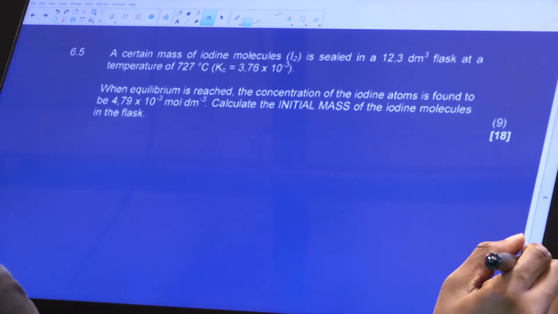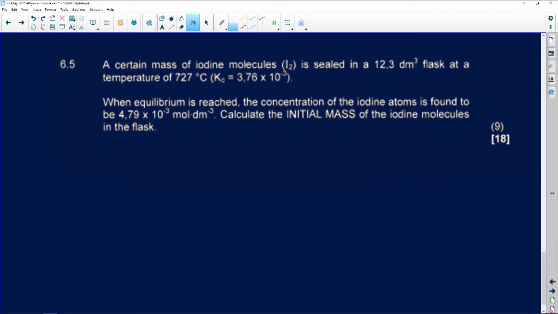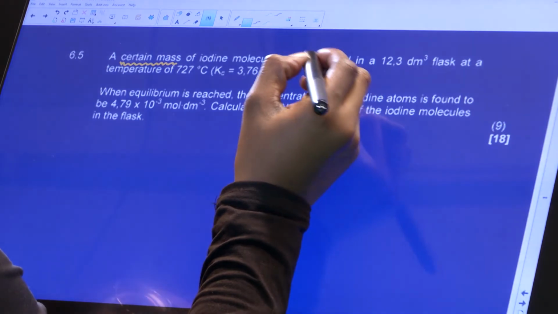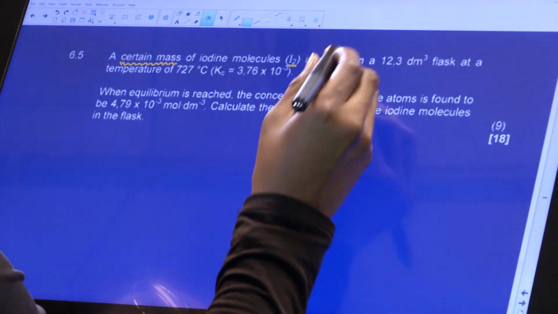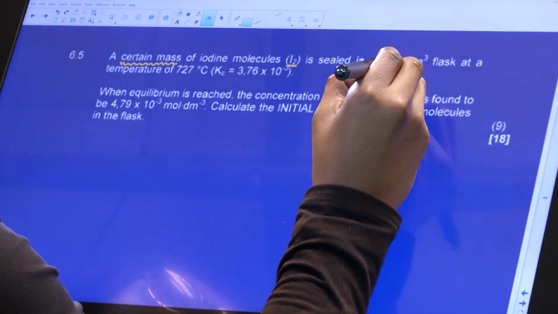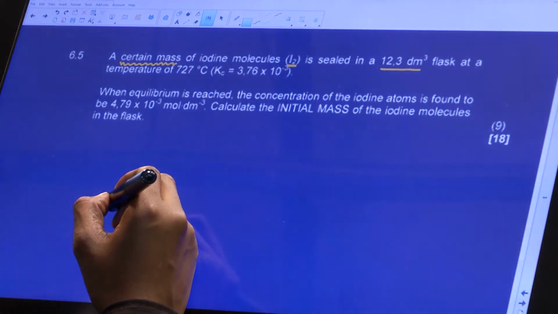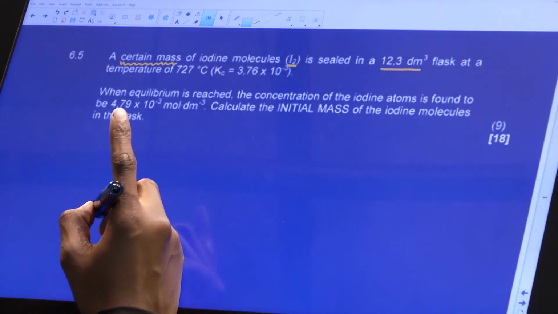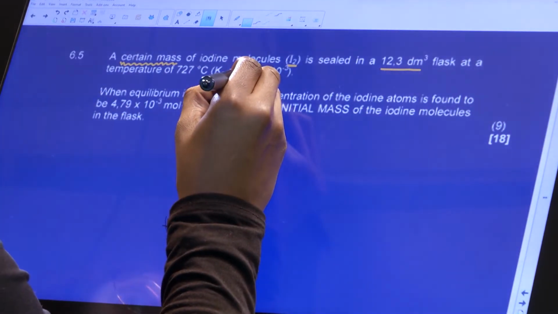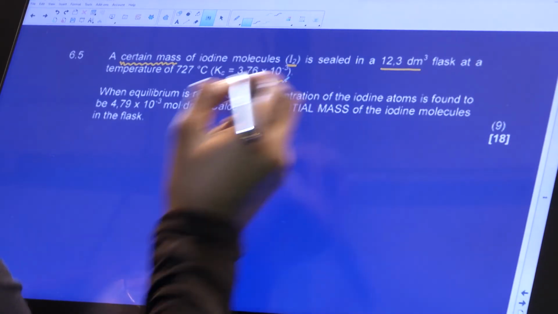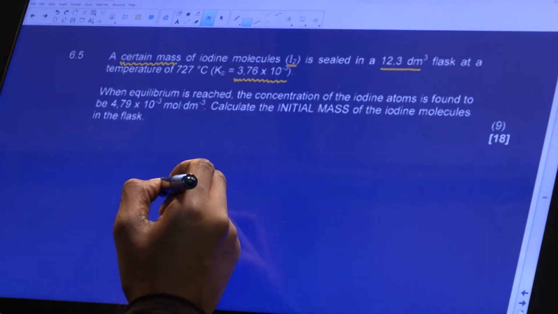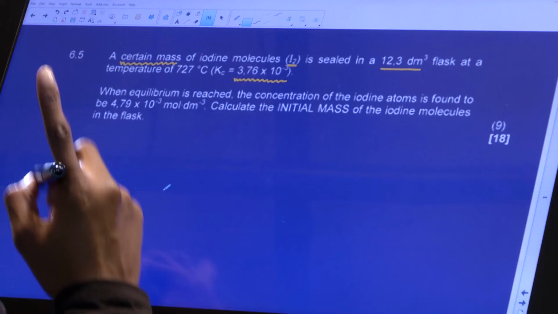And then here is question number 6.5. It says a certain mass, an unknown mass, of iodine molecules, which is I2, I can already see that it has a mole ratio of 1, is sealed in a 12.3 cubic decimeter flask at a temperature of 727 degrees Celsius. The Kc is equal to 3.76 times 10 to the negative 3.